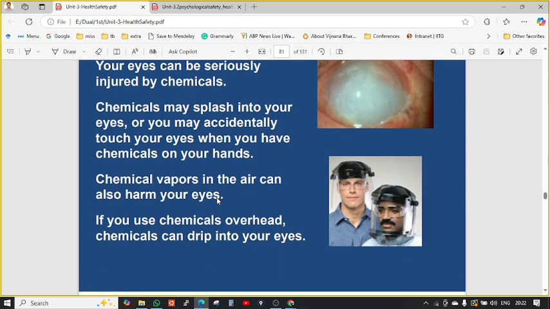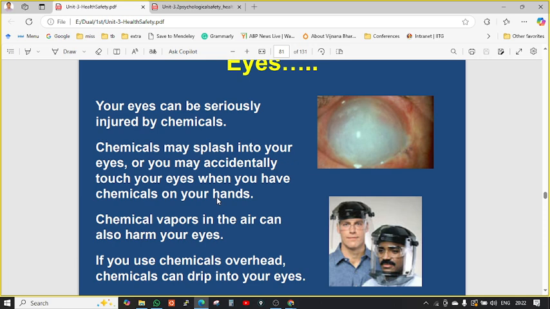Your eyes are also a very precious part of your body, because the eye is very sensitive, and even a small drop of chemical falling in your eye can damage it. So every time you use chemicals, or work in different working places, use goggles and helmets.